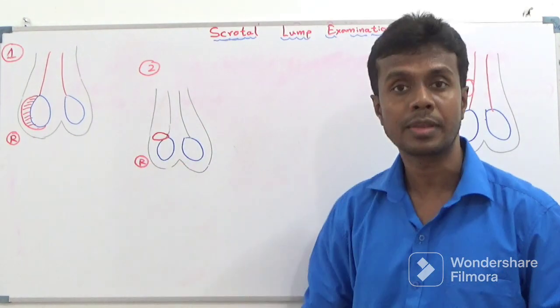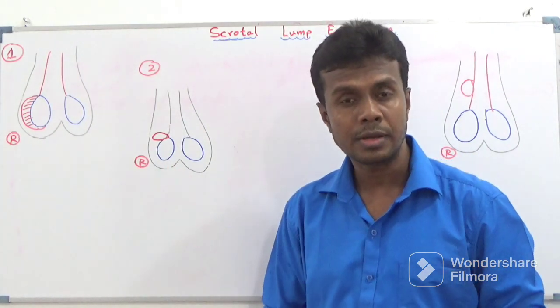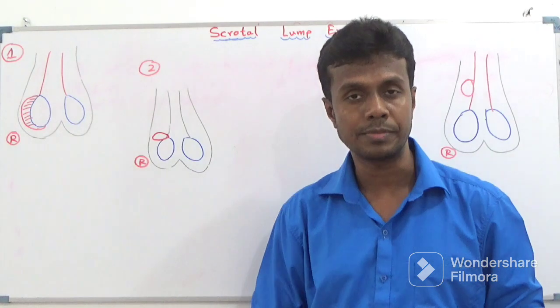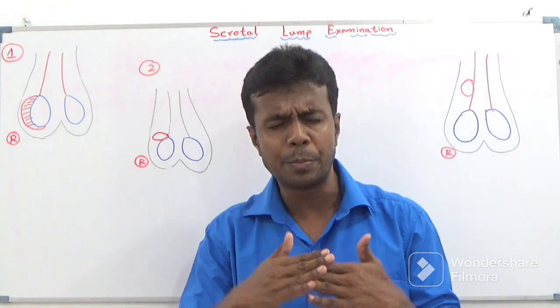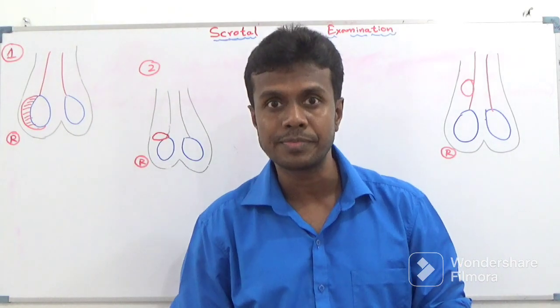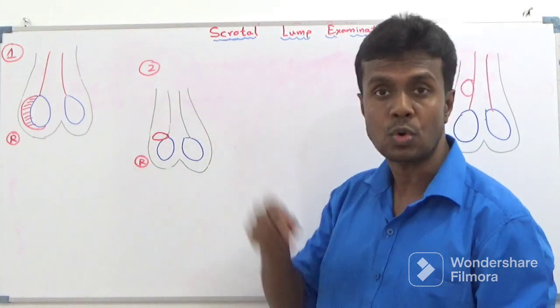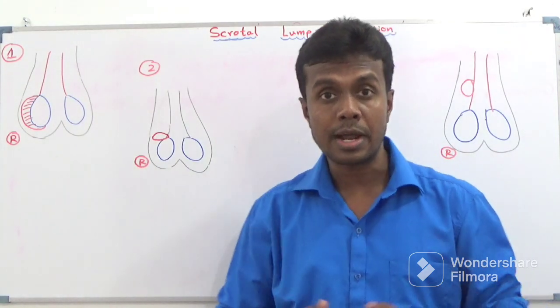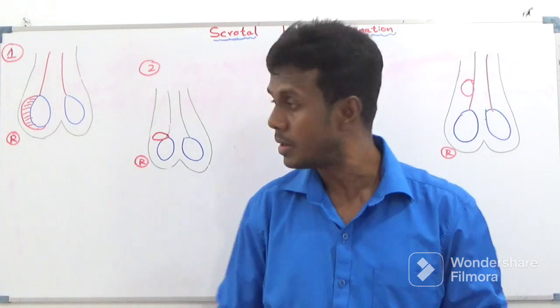Next one. He is having a lump confined to the right hemiscrotum, which is fluctuant and brilliantly trans-illuminant. I can get above the cord. There are no inguinal hernias or varicoceles.